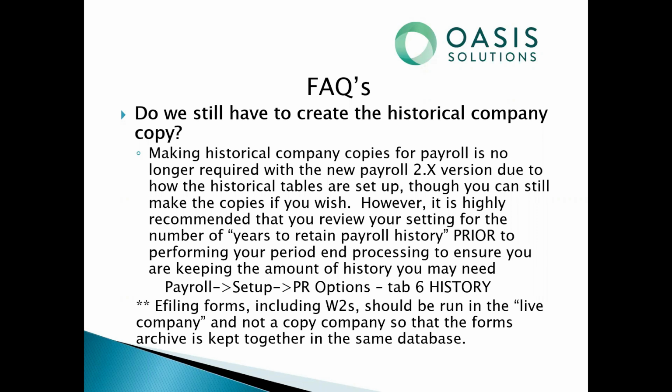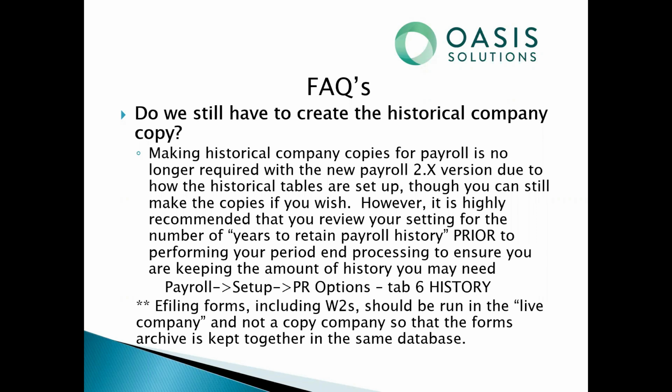The reason I say that is just a few weeks back, I had to assist someone with a correction from a few years back. And when I went to look for their filing, it was not under their live company. So I had to hunt it down and figure out which historical company had that information and then find that e-filing so that we could then make the correction to it.